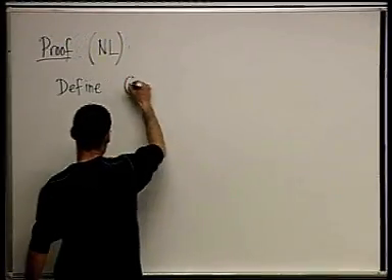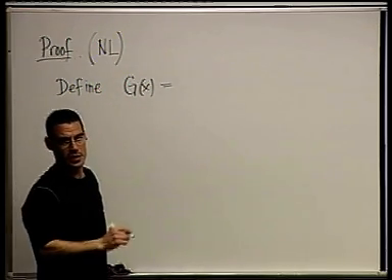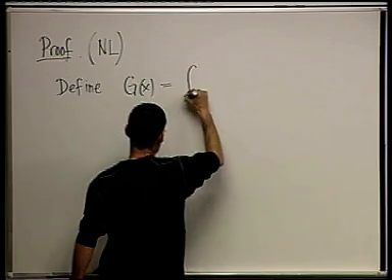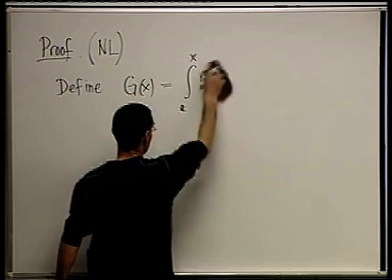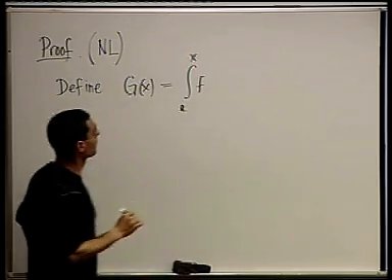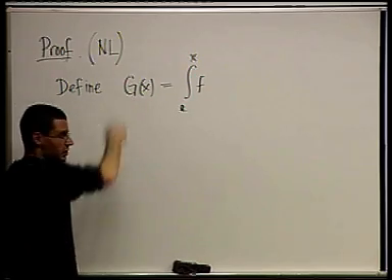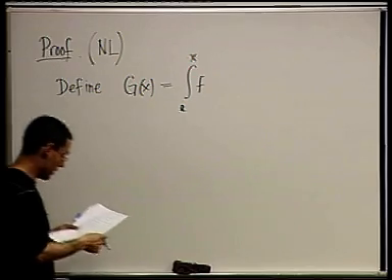g of x to be what we previously called f of x, because f is now taken. So g of x is going to be the integral from a to x, not of little f. Okay? This is what we previously called big F, but big F was now taken. So call this g of x.